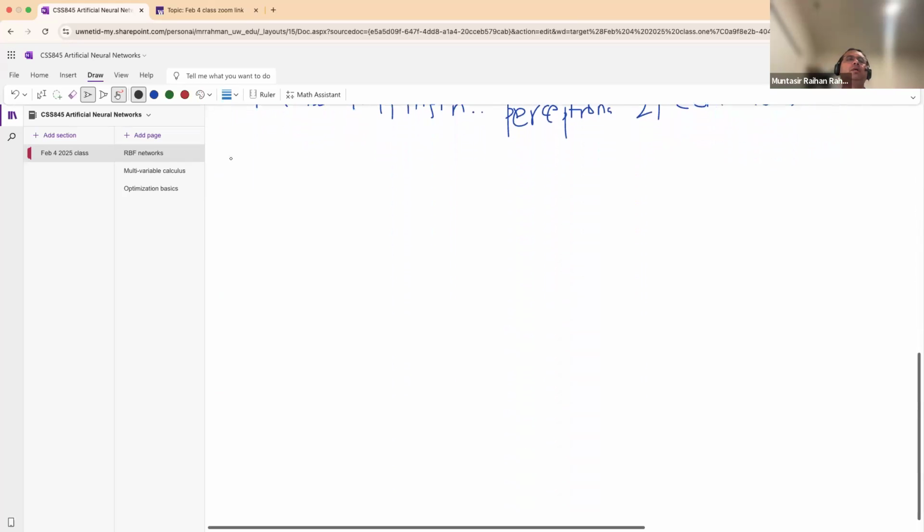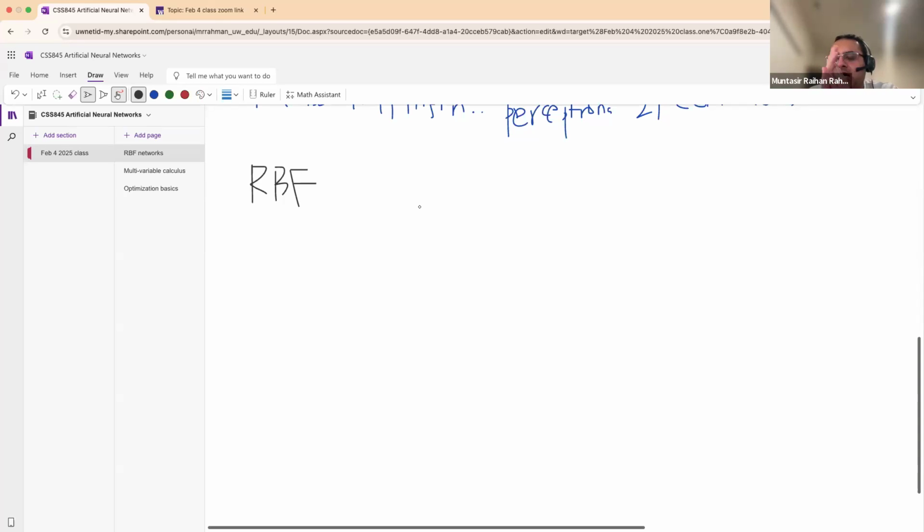So now let's look at radial basis functions. You can think of radial basis functions as a somewhat finite realization of the universal approximation theorem. In previous lectures, we looked at the perceptron, which was a single neuron, and that has limited capabilities.